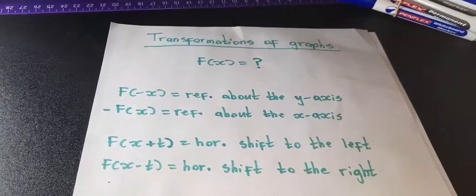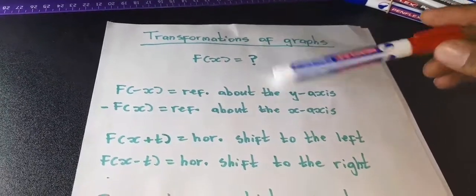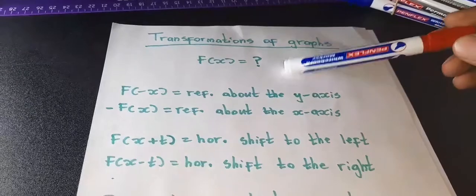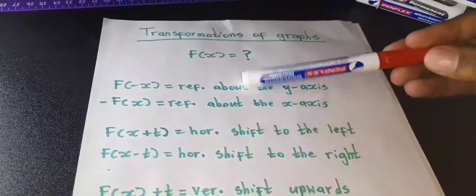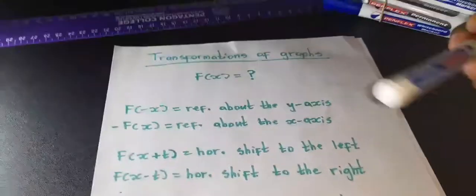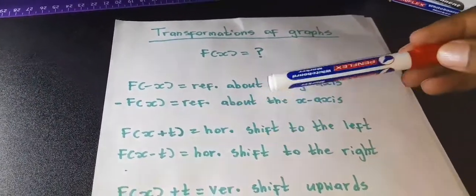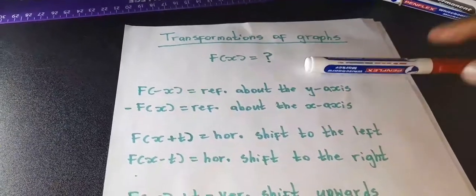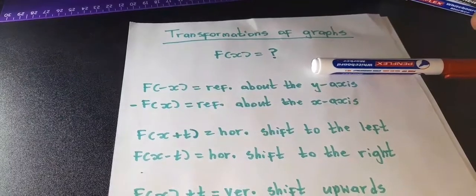Let's get on to it. They will give you a certain function, and then with that function they are going to tell you things like this and ask you what they mean, or they might give you one of these and ask you to draw a new graph, or it can be in any way.